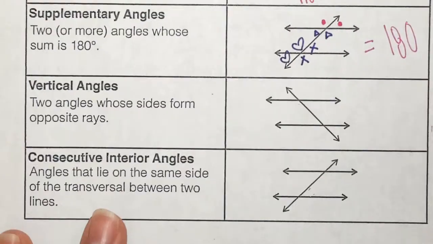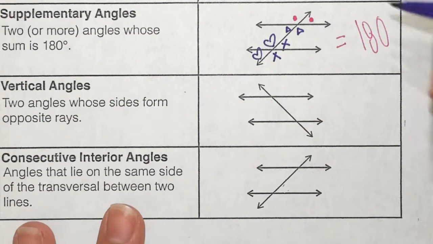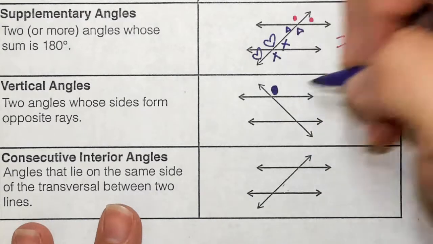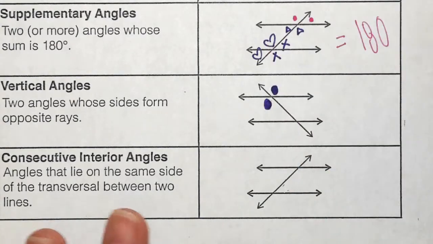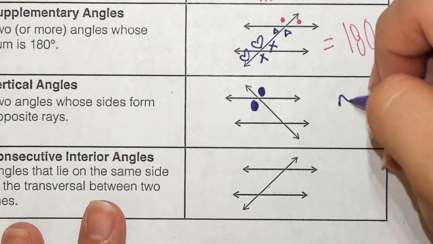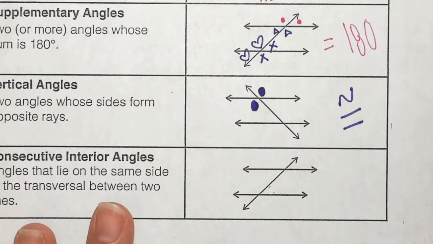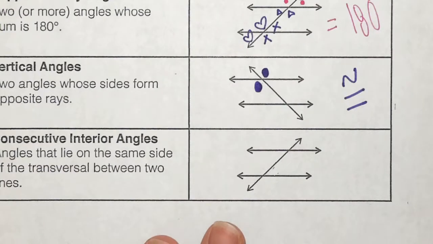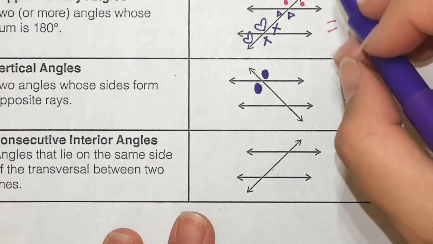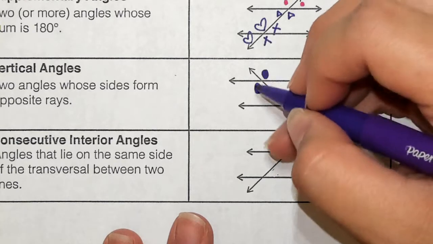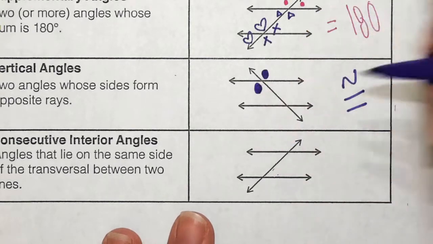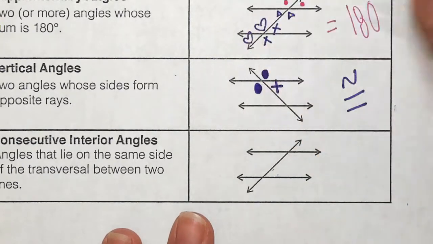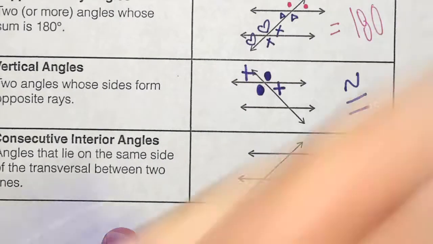Okay, vertical. It's exactly what you think. This one is vertical to this one. Vertical angles are always the same. Congruent. They're always the same. So if these two are the same, then this one is also vertical to this one.